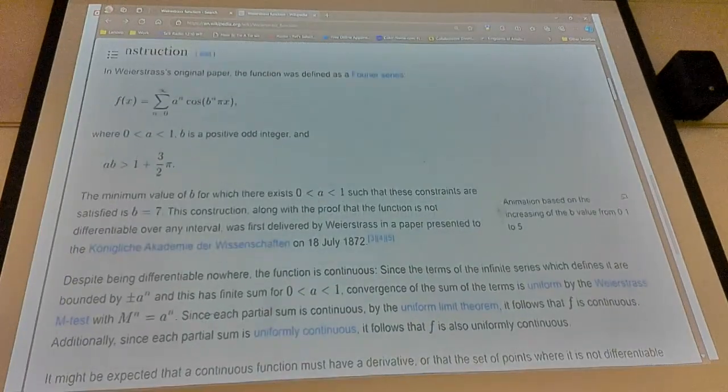It's an infinite summation, which is why it's changing so drastically. I can make an assignment on the Weierstrass function.